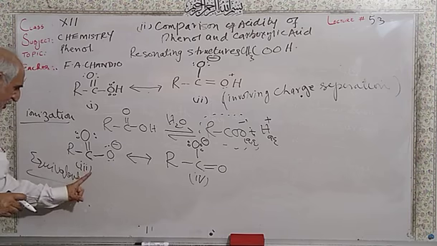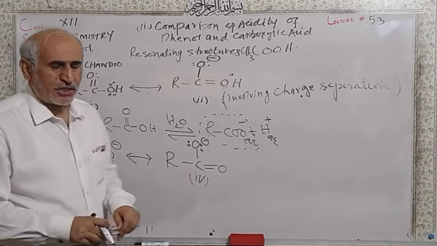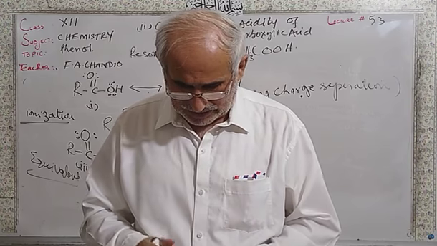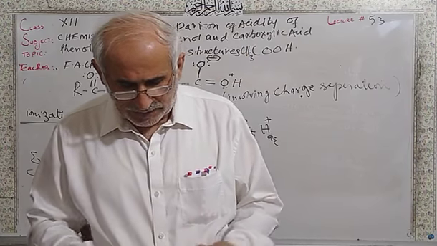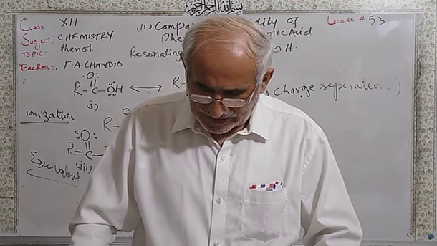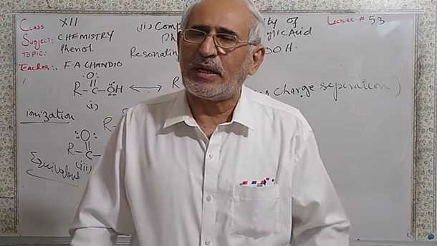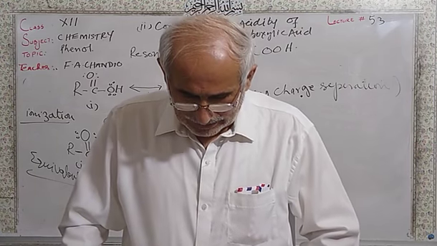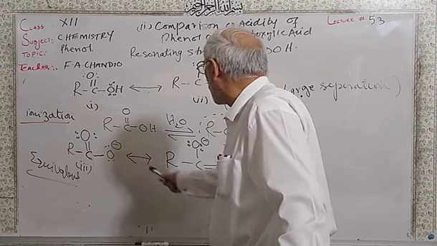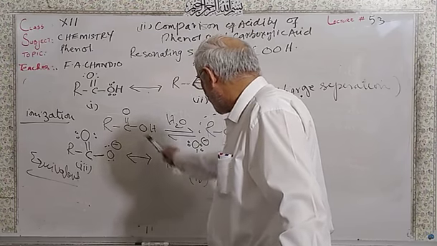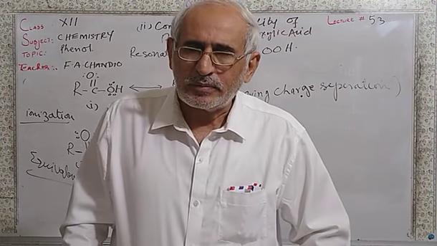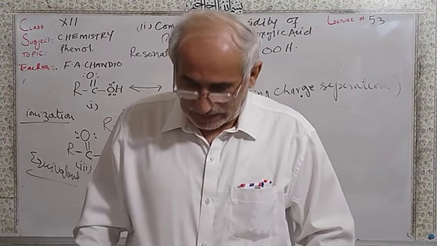So structures 3 and 4 are equivalent structures. Structures 1 and 2 are non-equivalent, hence much less stable than the equivalent structures 3 and 4. These are much more stable, and those are less stable, for the carboxylate ion.